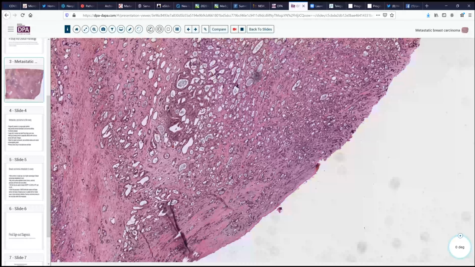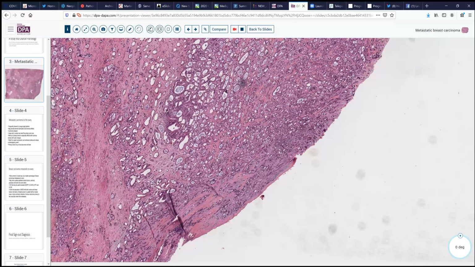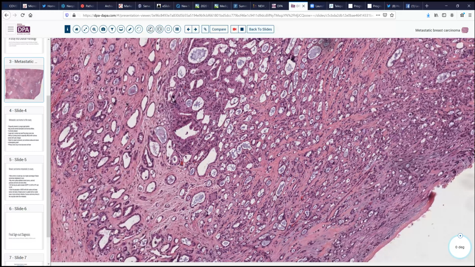And sometimes that can be helpful in metastases. You'll get both nodular parenchymal involvement as well as surface involvement. Here again, we see the variable small gland pattern and then more consolidated appearance with this bluish secretion within the lumina.